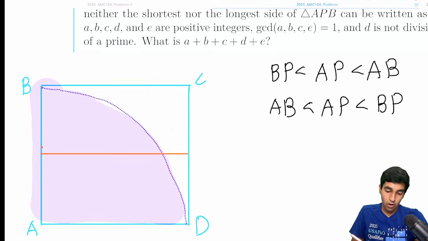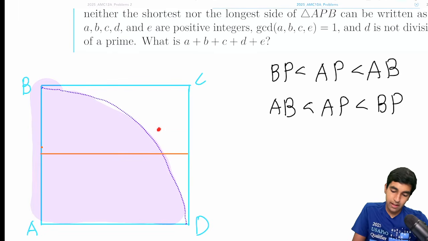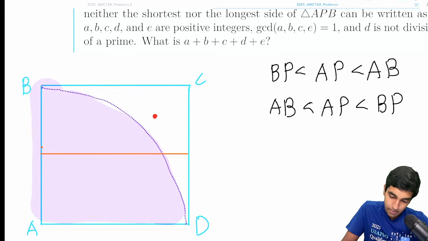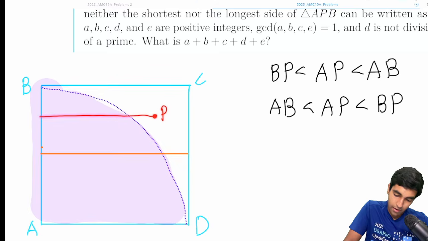Why, you might ask? A simple way to see this is the Pythagorean theorem. Imagine we have this point P. Both of these side lengths come from the Pythagorean theorem with this horizontal part and the same height.